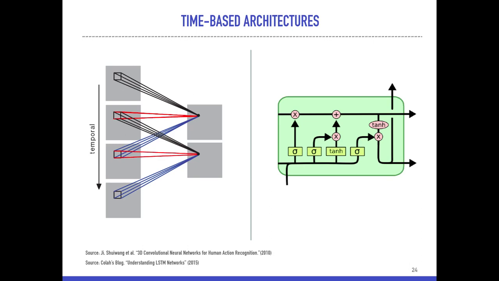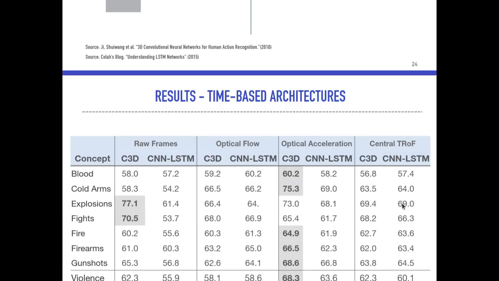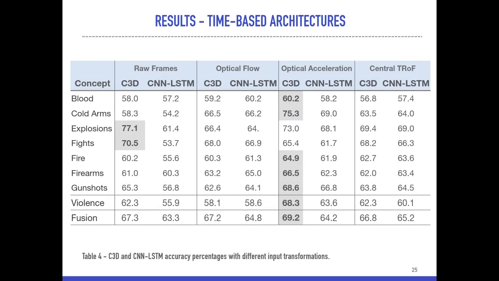Our results with these time-based architectures were not better than just using the Inception V4. Here is a brief overview of how they did, and our best result with the fusion was 69.2% accuracy, which was way worse than what we had with our Inception V4 one.